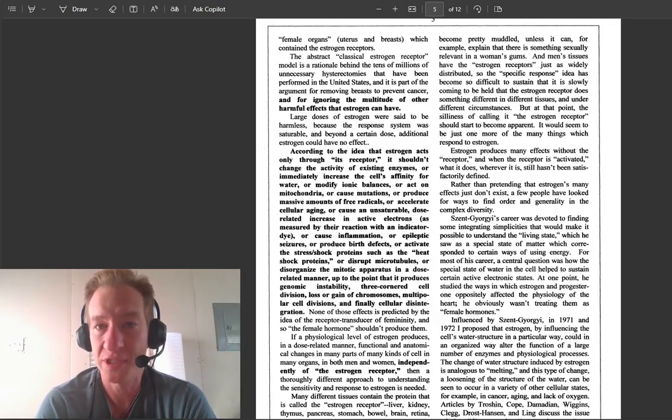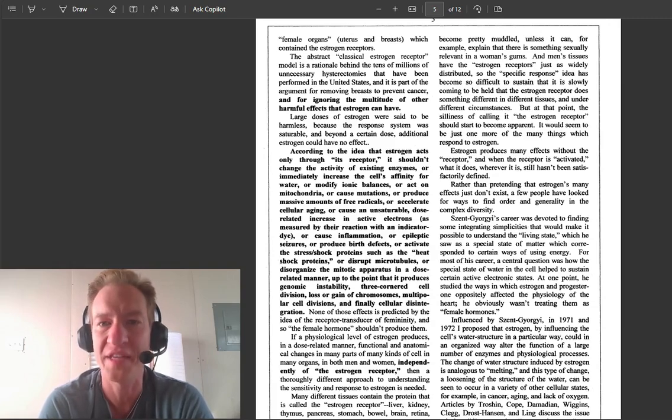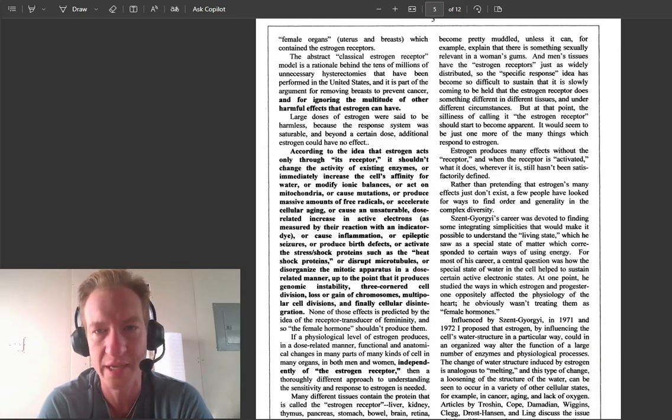And men's tissues have the quote-unquote estrogen receptors just as widely distributed. So the quote-unquote specific response idea has become so difficult to sustain that it is slowly coming to be held that the estrogen receptor does something different in different tissues and under different circumstances.